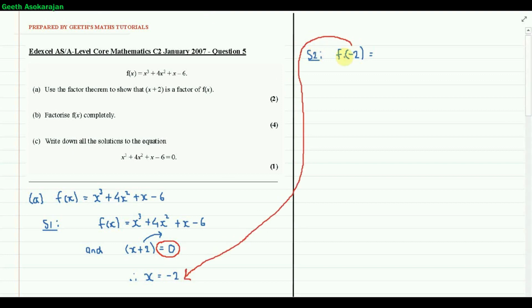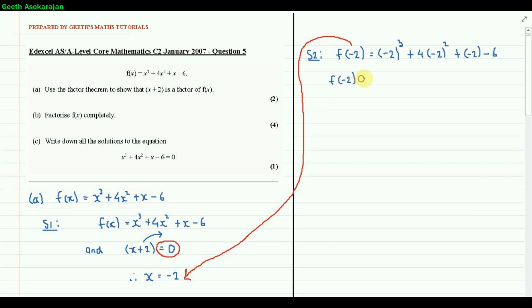To work out f(minus 2), it's straightforward. Replace the x's in f(x) by minus 2's. So it's minus 2 cubed, plus 4 times minus 2 squared, plus x replaced by minus 2, minus the 6 at the end.